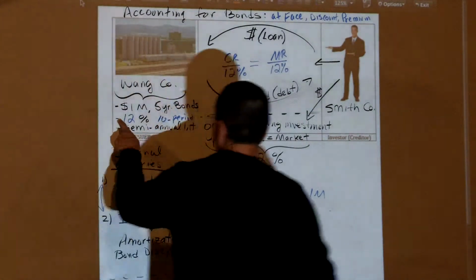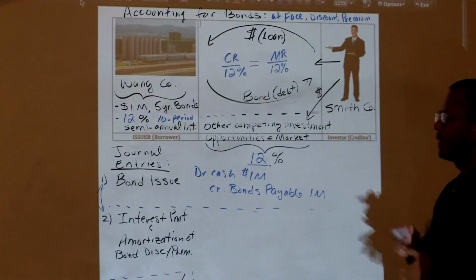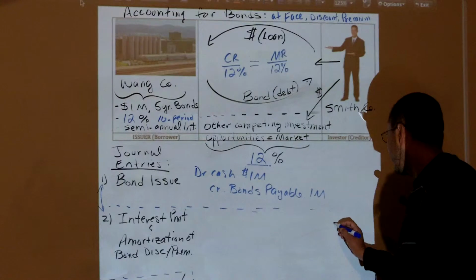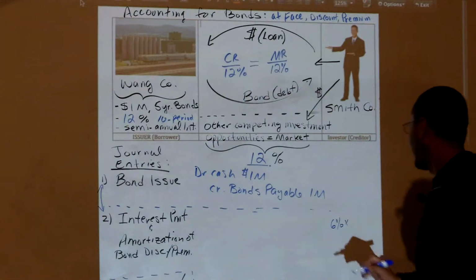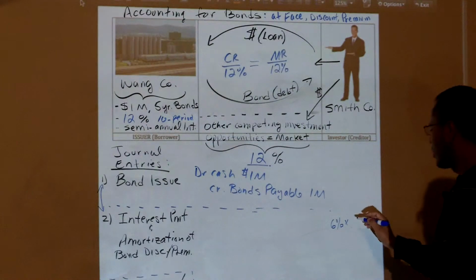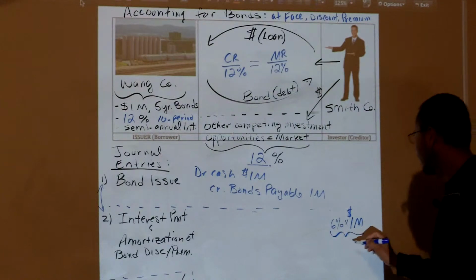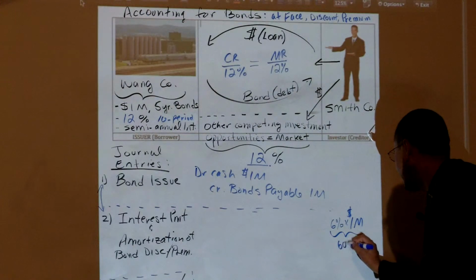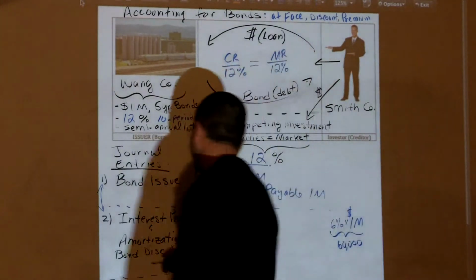Well, if the contract rate calls for a 12% return on a yearly basis, that means that there's a 6% return to the investor from the bond directly every 6 months. So we multiply the 6% times the $1 million, and that will result in an interest payment of $60,000.